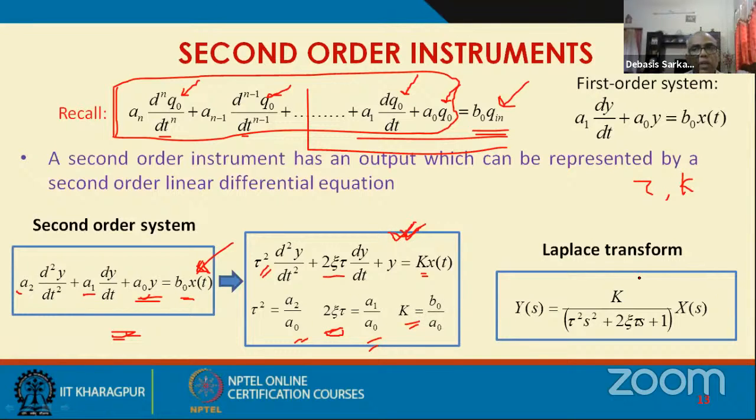Note that if input and output are expressed in the same dimension, same units, this K will basically be unity. In case of second order system, you will have tau, zeta, and K. Now, this zeta is known as the damping factor.